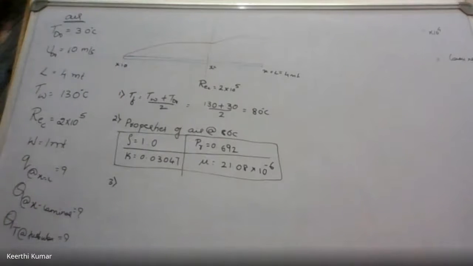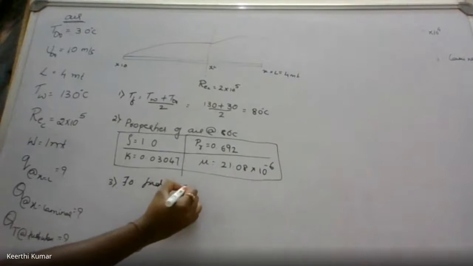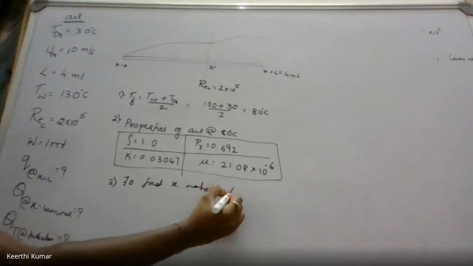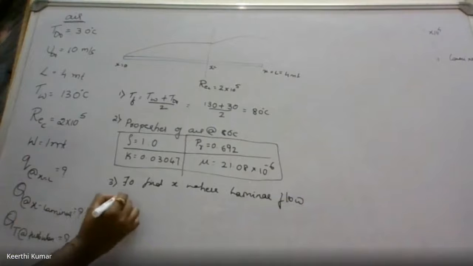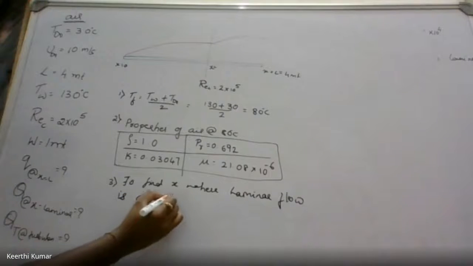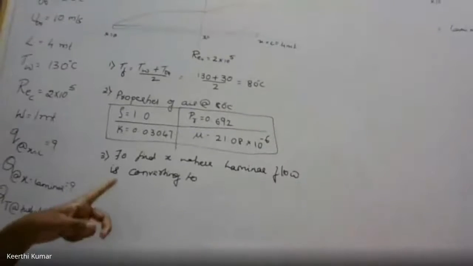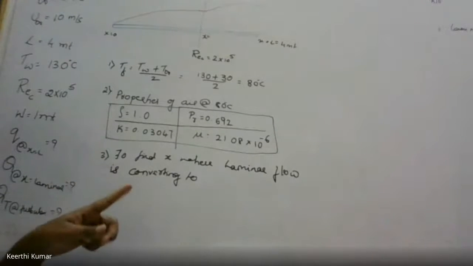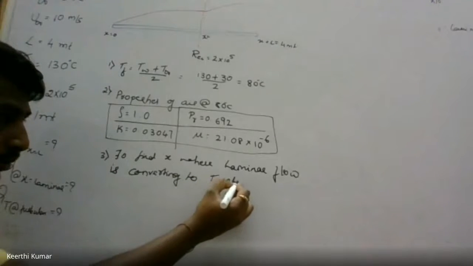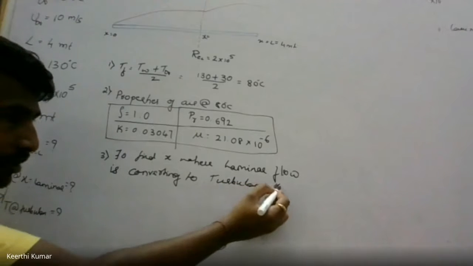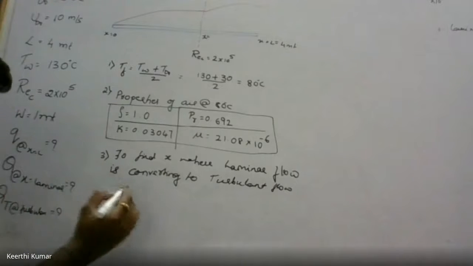How to do that? To find x where laminar flow is converting to turbulent flow. In some questions, the sentence may also say transition flow, both are the same.